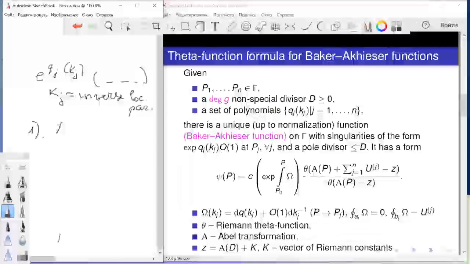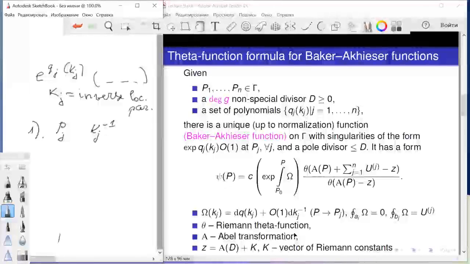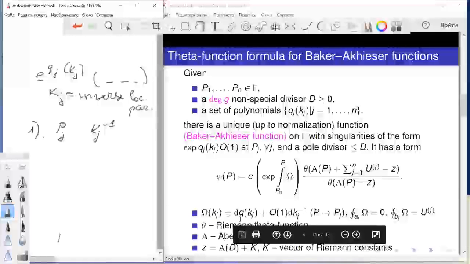I mean, at Pj with local parameter kj minus 1, omega has the following asymptotic behavior.